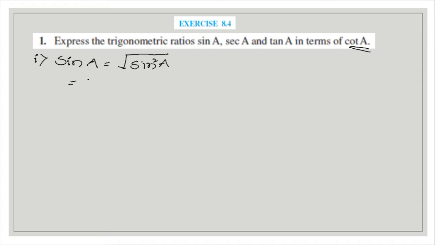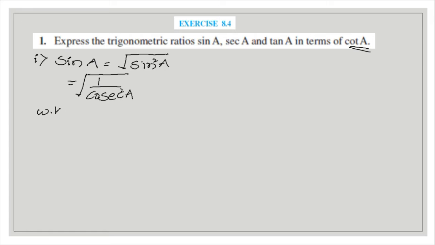We know sin A is nothing but the reciprocal of cosecant, so it becomes reciprocal of cosecant square A under root. We all have learned an identity.